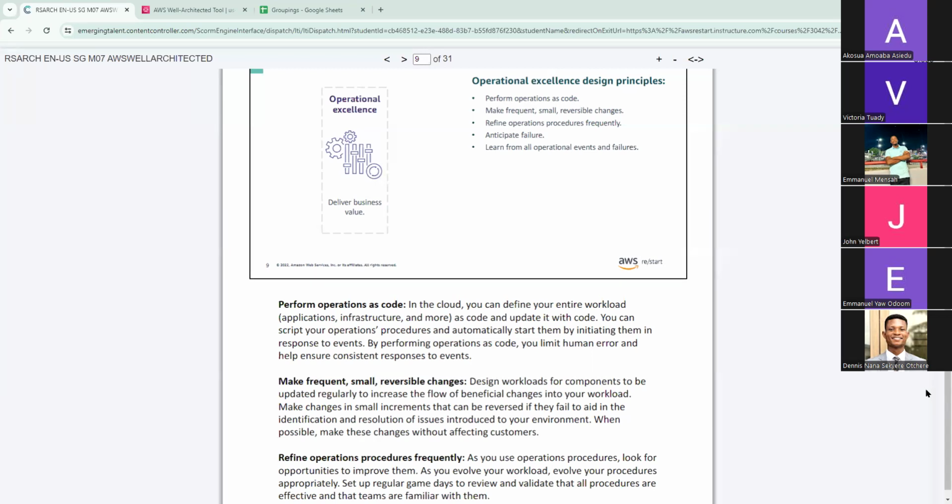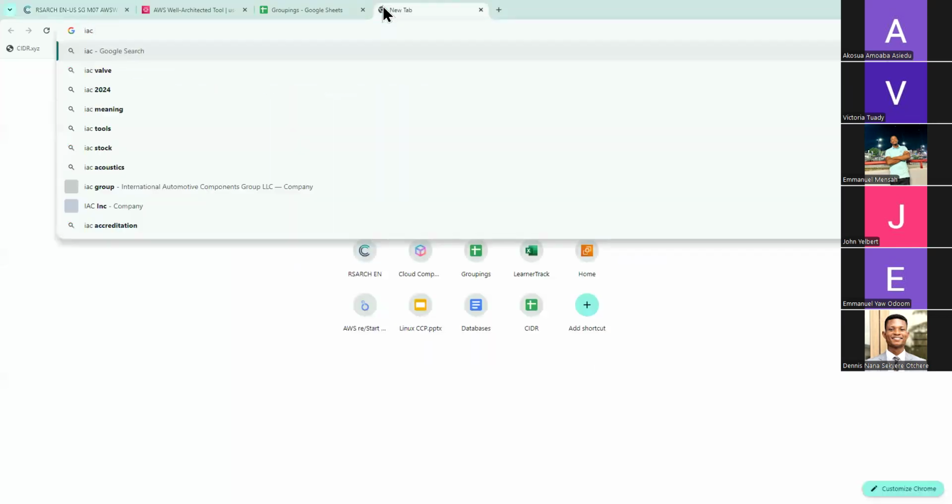You can use the command line, the CLI. Okay, the CLI too helps. Which one again? Infrastructure as code. There's one service. Yeah, infrastructure as code, CloudFormation. Thank you, Ima.